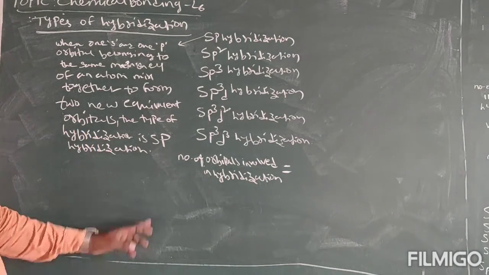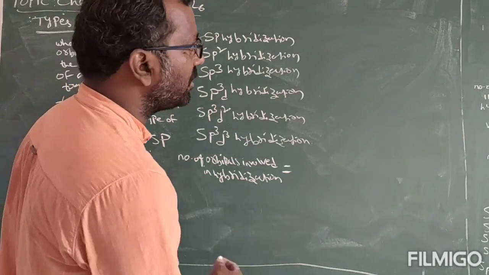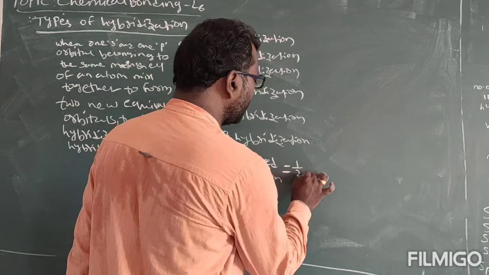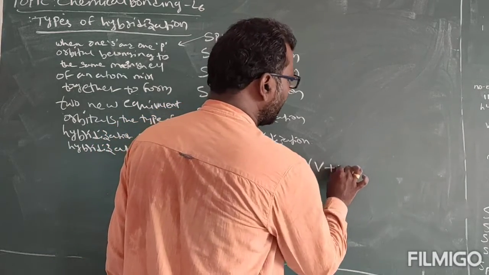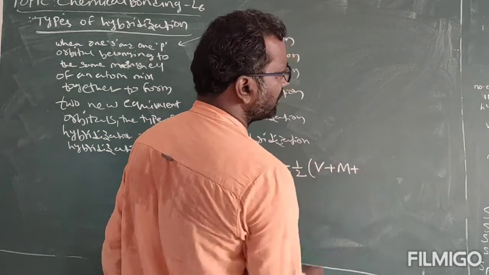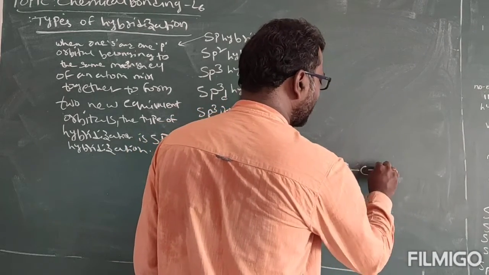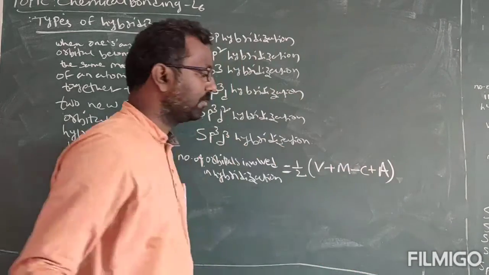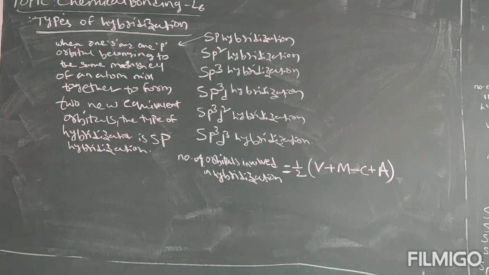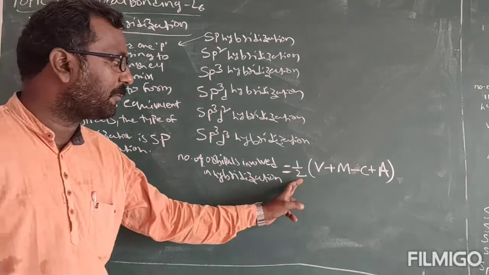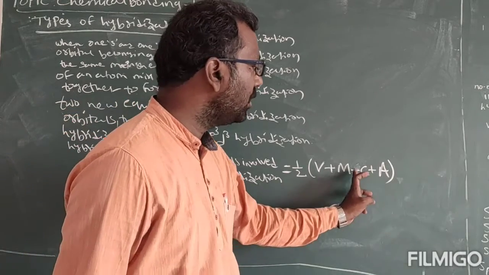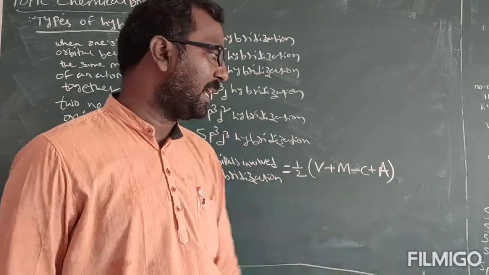The formula for the number of orbitals involved in hybridization is half into V plus M minus C plus A.